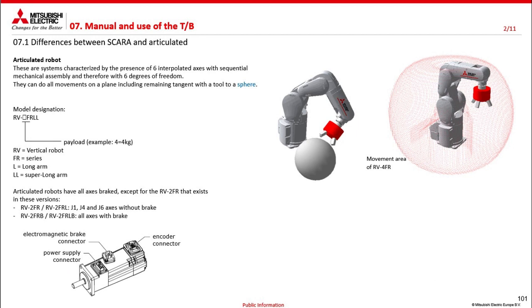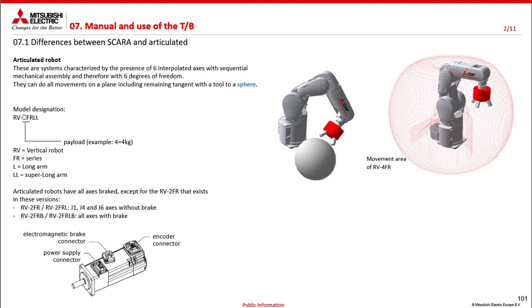As regards anthropomorphic robots, they are systems characterized by the presence of six interpolated axes, sequential mechanical assembly, and therefore with 6 degrees of freedom. They can perform all movements in space, including remaining tangent with a tool to a sphere. You can see it in this image.